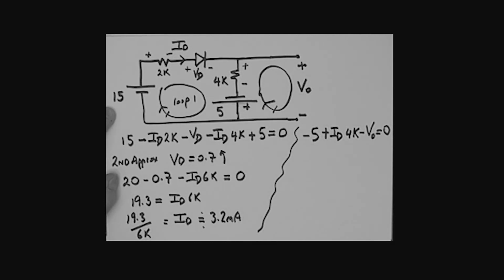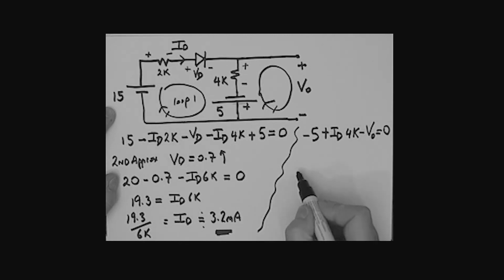A very simple loop. In essence, we don't really have to think about it. We're just taking a loop and summing the voltages around that loop. Now we know what ID is. We have just calculated this ID over here. It's 3.2 milliamps, so we could put that information in over here. In addition, we could take this VO over to the other side.